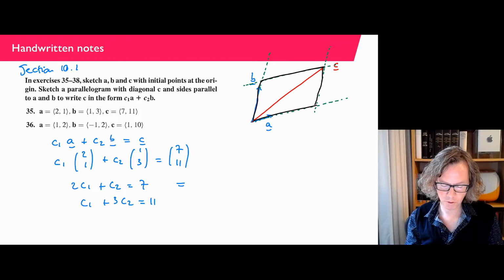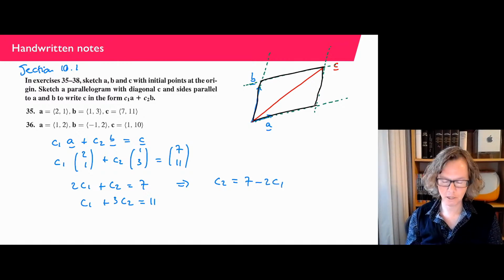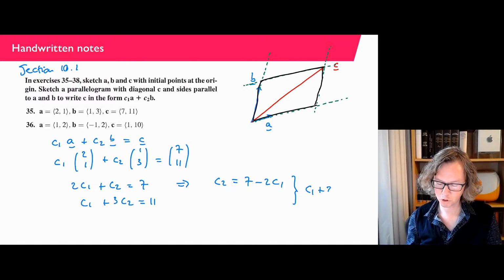From this equation, we find that C2 equals 7 minus 2 C1. I can substitute that into the second equation. So then we find from these two that C1 plus 3 times C2 becomes 21 minus 6 C1, which should equal 11.